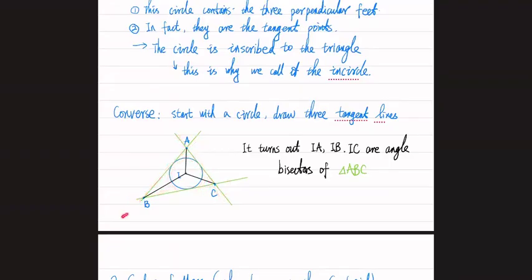You draw any three tangent lines, they intersect at three points, and we have a triangle. Now if we connect the vertex with the center, this bisects the angle. We connect each vertex with the center, and it bisects.